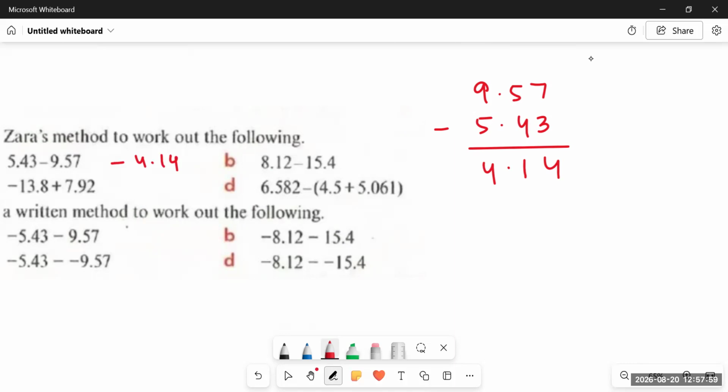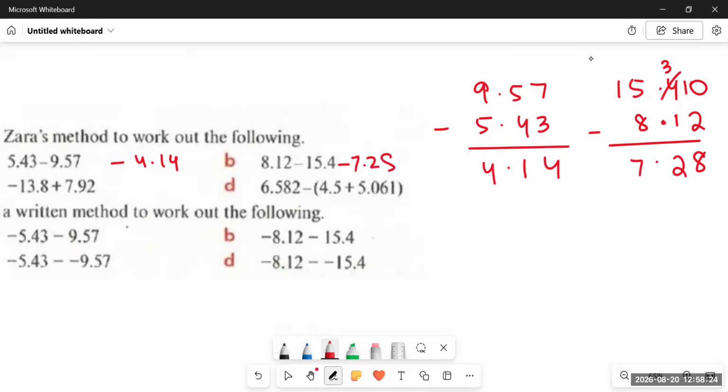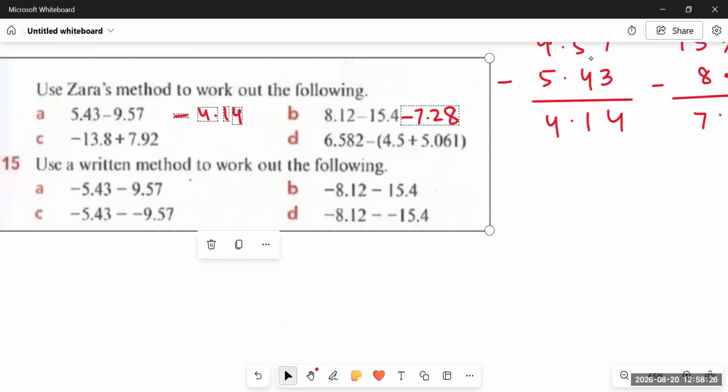Then we have 8.12 minus 15.4. So we will do the same thing, 15.4 minus 8.12. Let's put a 0 here, borrow 1 from 4, it will become 3. This will become 10. 10 minus 2 is 8. 3 minus 1 is 2. 15 minus 8 is 7. So the answer will be minus 7.28. Okay.